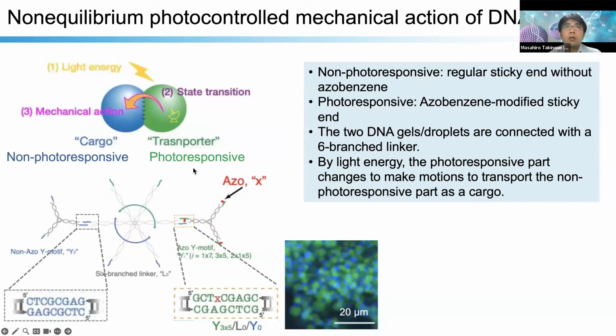And the right part, the green part, is the photocontrollable part with the azobenzene at the sticky end. So these two DNA gels or DNA droplets are connected with a 6-branch linker, as I explained. So by the photoirradiation, only the right part can be responsive, and then the system will change.